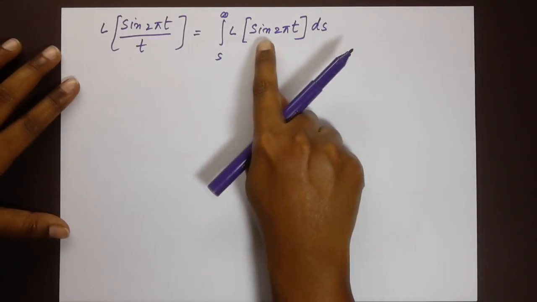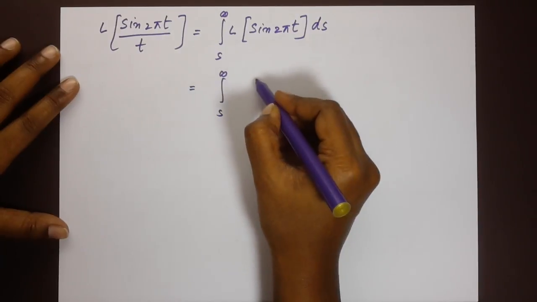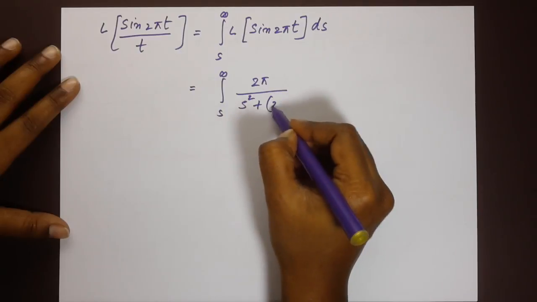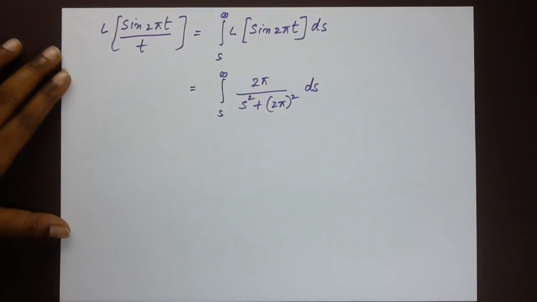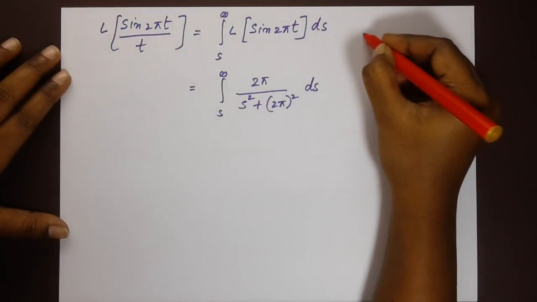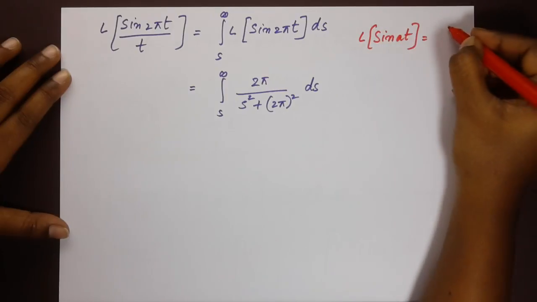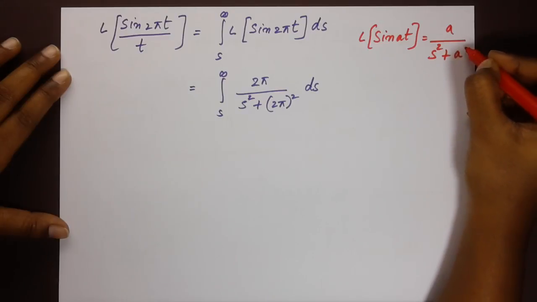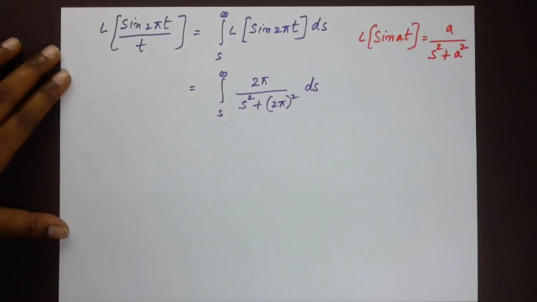Okay, so Laplace of sine, we know, is the integral from s to infinity of 2 pi divided by s square plus 2 pi square ds. Now you're quite familiar with this as well, but just in case, let me write that here. Laplace of sine a t is equal to a by s square plus a square. Okay, all right. Next, let's see now what we have.